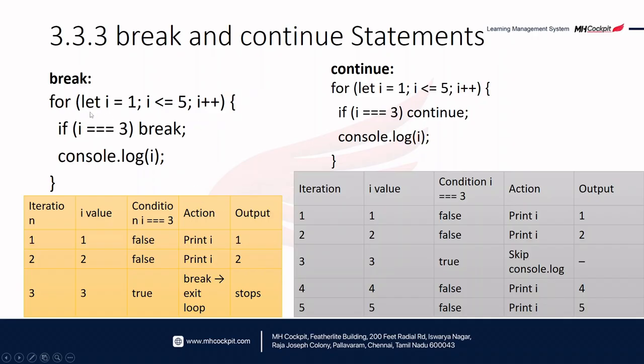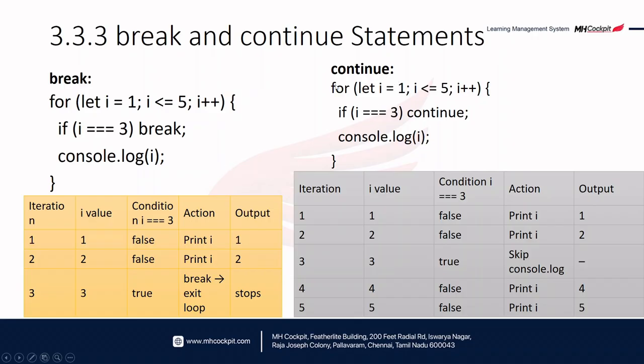Here for I have given the initialization, the iteration condition and the incremental value, so three things are given here. Inside that, if I is equal to 3, I am breaking. So when it reaches the third iteration, if I is equal to 3, it will break the loop and come out of the loop.